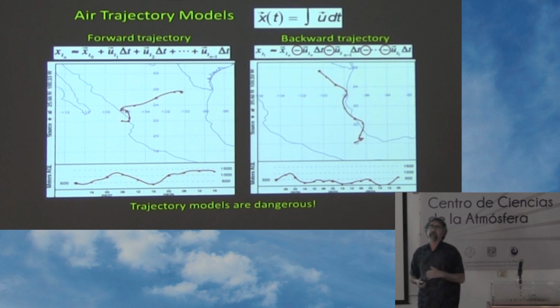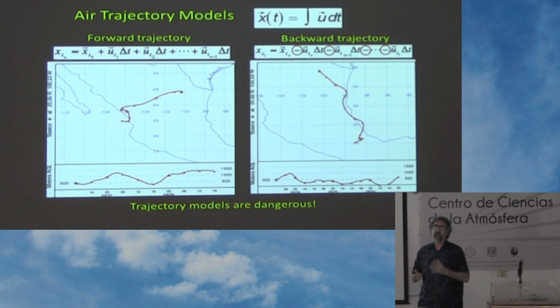It accepts the environmental pressure of wherever it goes, but its mass properties like pollutants and water vapor and so on are retained, and its temperature can change adiabatically, for example, but other than that, it's retained. So the trajectory model represents the movement of a small parcel of air.